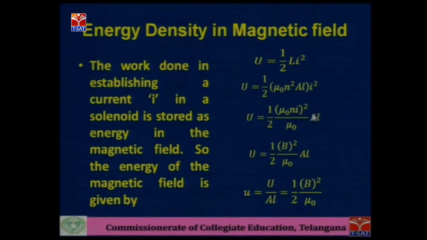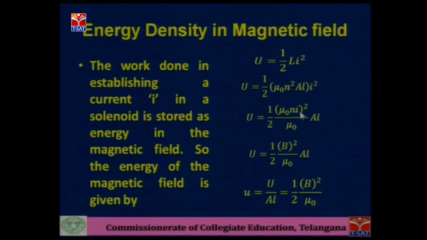On rearranging the terms, we get half mu naught n I, the whole thing squared, because we have squares in n and I, but since there is no square for mu naught, we divide and multiply with a mu naught again: mu naught n I whole square by mu naught into AL.